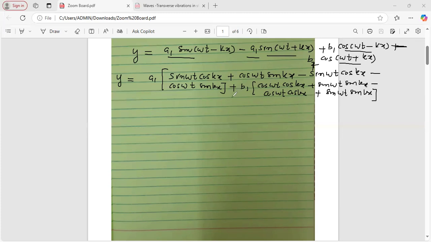So here sin ωt cos kx minus sin ωt cos kx cancel, cos ωt cos kx minus cos ωt cos kx cancel. Then y is equal to A1 cos ωt sin kx, two terms are there. Then we get 2 A1 cos ωt sin kx.